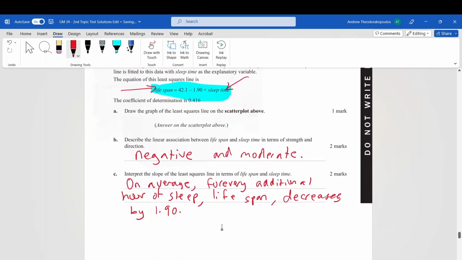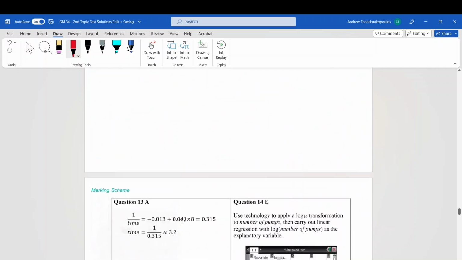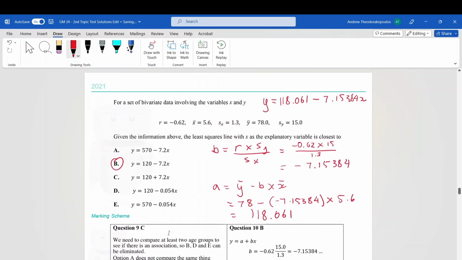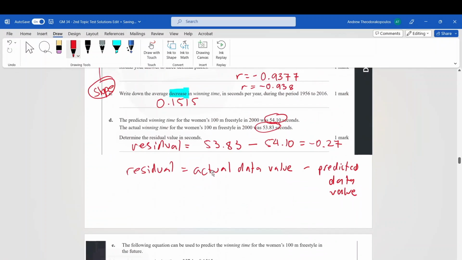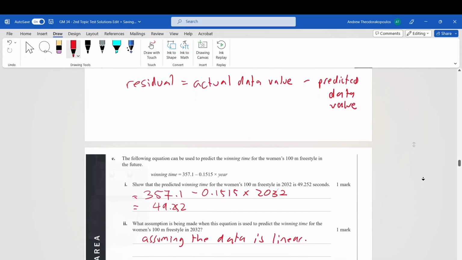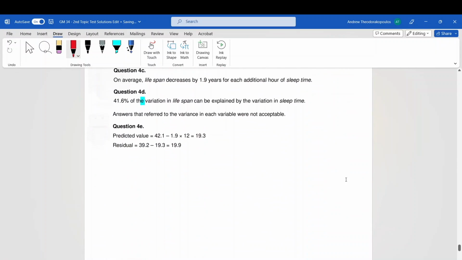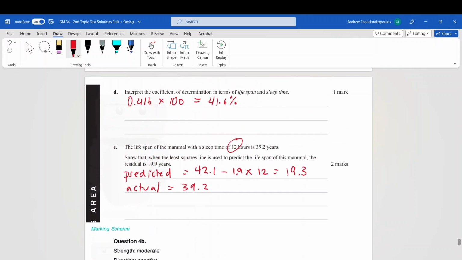Remember how we said up here that the residual value is the actual data value minus the predicted data value. So the residual is the actual take away the predicted.